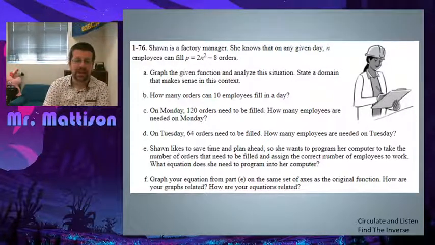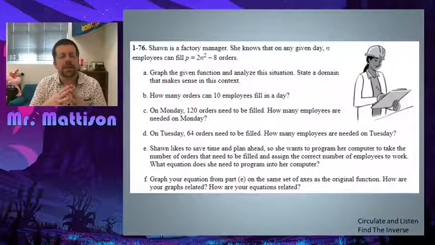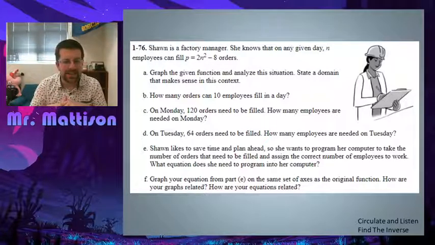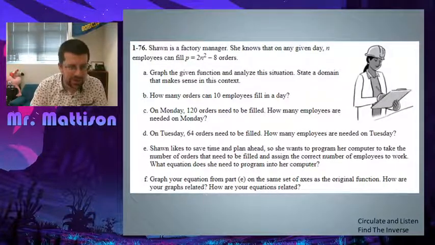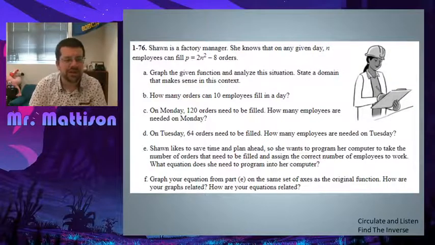You could also say it's 1 or greater because you really don't care about it being 0. But then for part B, how many orders can 10 employees fill in a day? Well, if I plug in 10 as N, then I get 10 to the second power, which is 100, times 2, which is 200, minus 8 is 192.